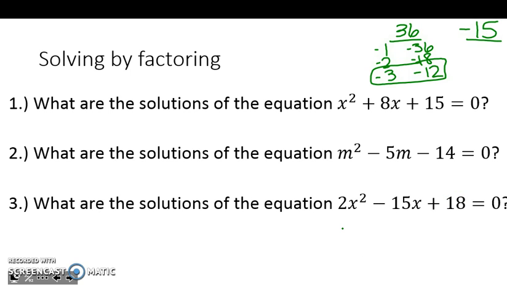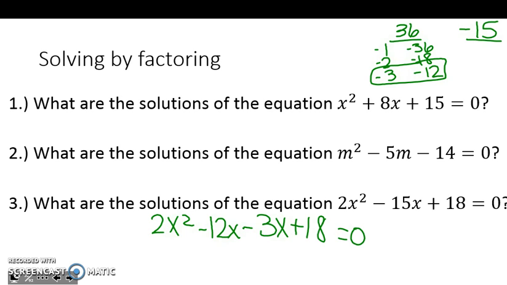So then we break apart. So we have 2x squared minus 12x minus 3x plus 18 equals 0. Remember, we then group the first two terms and the last two. See what we can pull out. So I can pull out a 2x.